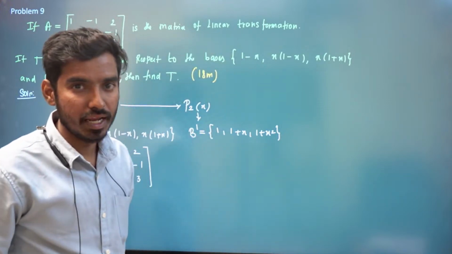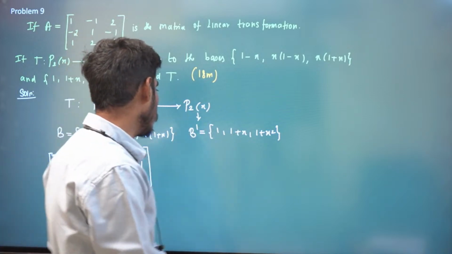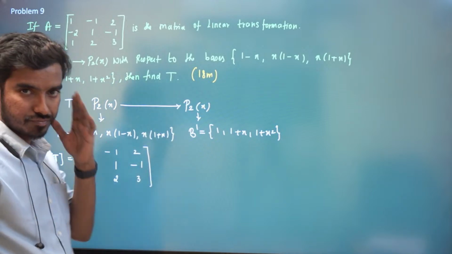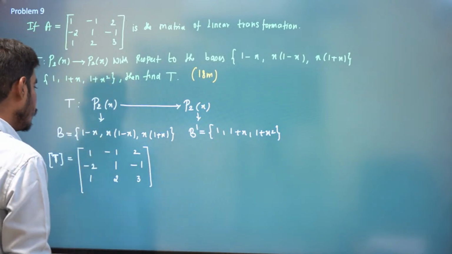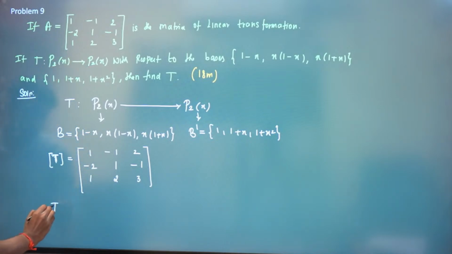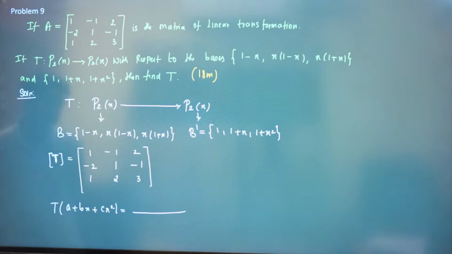Both are P2 only, but they are giving you two different bases for the domain space and codomain space, and this is the matrix of T with respect to this transformation, right? Now you need to find explicitly a map T, that takes a plus bx plus cx square, because it is P2 to P2, right?